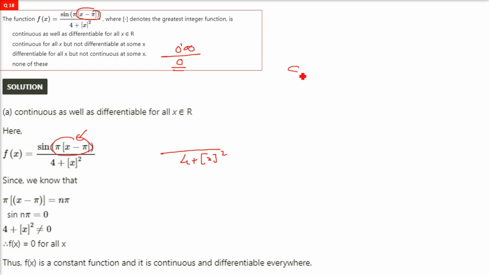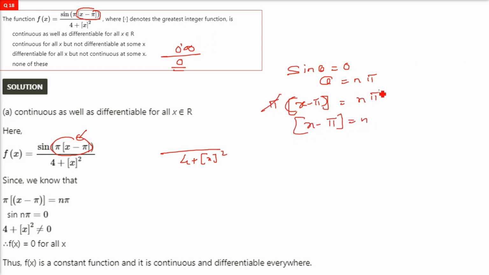This numerator you already know, sine theta is 0 when theta is equal to n pi. So what is given here? x minus pi into pi, and x minus pi is the greatest integer function. So this is n pi, and when you cancel this pi, you will get x minus pi equals n.